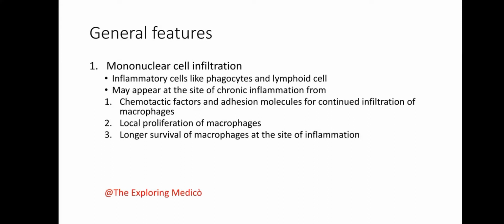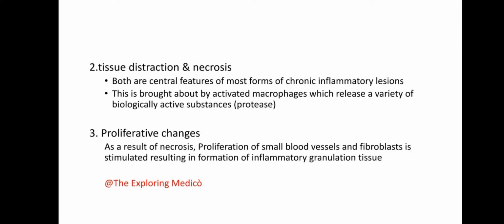General features: mononuclear cell infiltration. Inflammatory cells like phagocytes and lymphoid cells may appear at the site of chronic inflammation, from chemotactic factors and adhesion molecules for continued infiltration of macrophages, local proliferation of macrophages, and longer survival of macrophages at the site of inflammation.